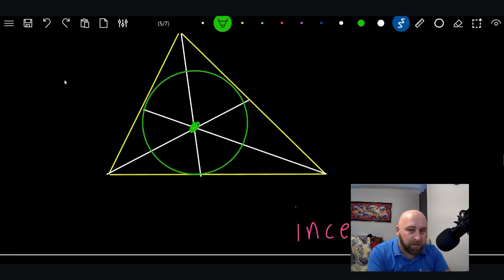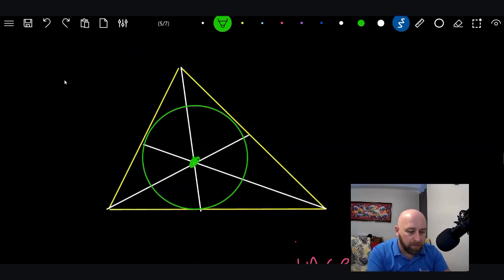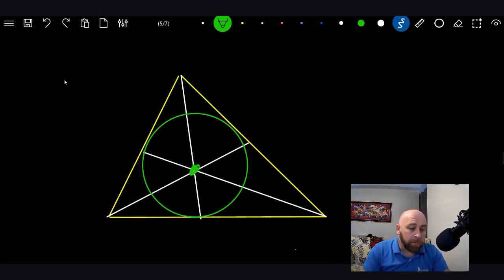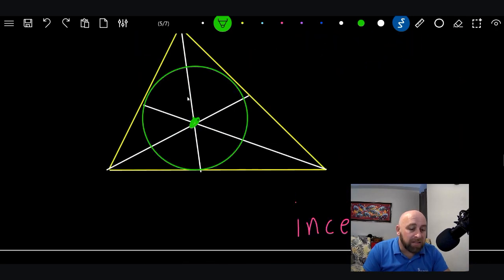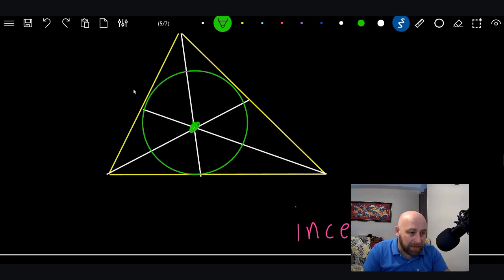Now look what I have. Now I have my triangle circumscribed, and so now my circle is inside. Up here earlier, when we were working with the circumcenter, my circle was on the outside. Now that we're working with the incenter, my circle is on the inside.